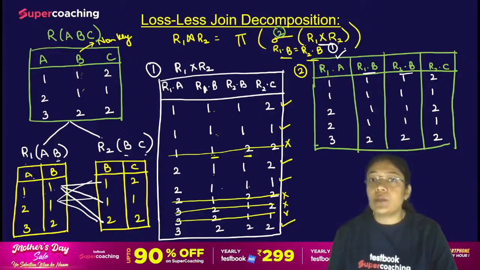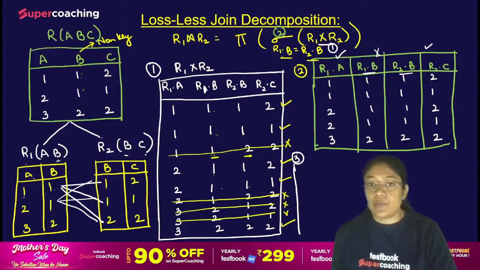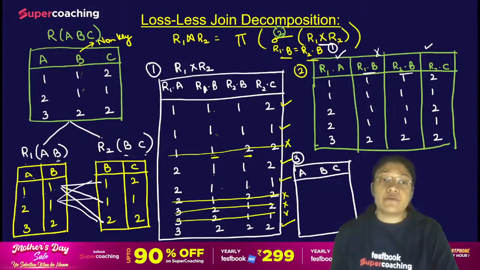Distinct column means R1.B and R2.B values are same, so we can discard one of the attributes, and keep R2.C. So after the projection, this is step 3, this is going to return A, B, C. Basically, here it is going to return 5 tuples.